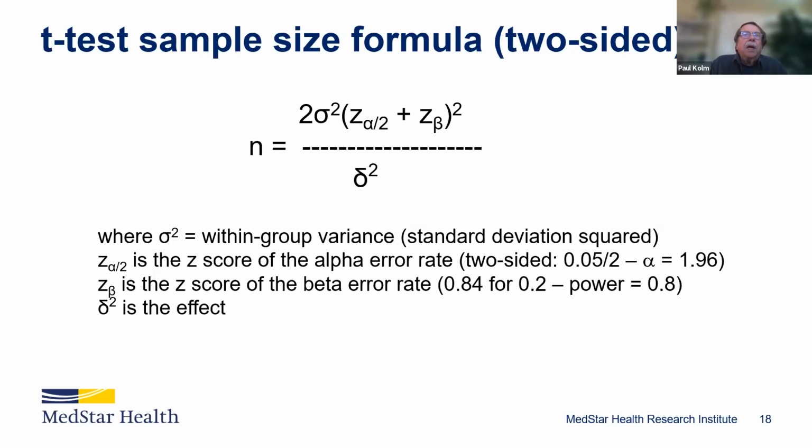And then the denominator, delta, is the effect, and that's squared. So if we have the information we need to calculate our sample size, this is the way we would calculate it. In this case, with a t-test and just 2 groups, the n is for 1 group. So whatever we get, we'd have to multiply by 2 for 2 groups with equal sample sizes.